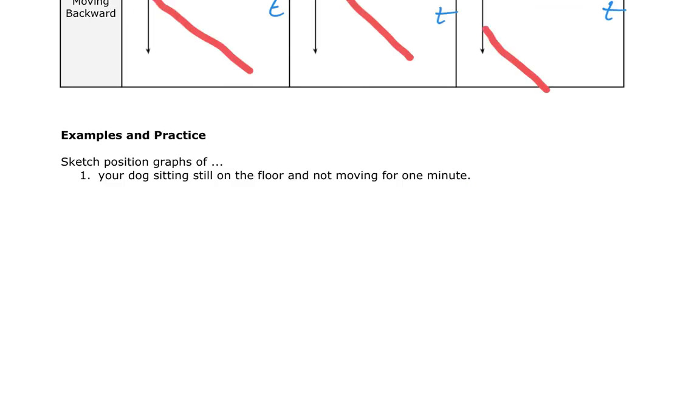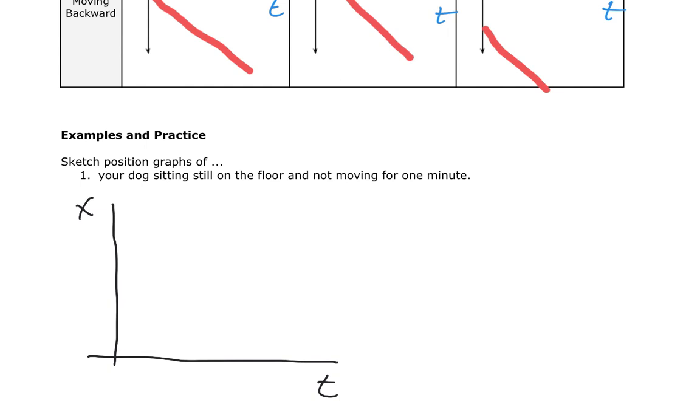So let's get some practice with graphing, and let's draw some simple graphs. You can straighten these lines out; the app I'm using doesn't. I'm going to draw a very simple position graph, and I'm going to say, okay, if I've got my dog sitting on the floor and not moving for 1 minute, what is that going to look like?